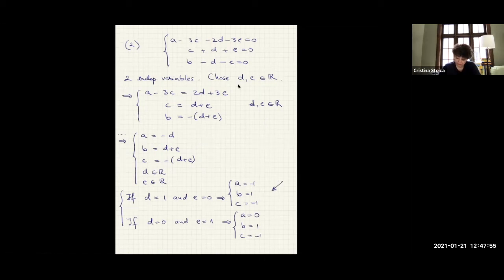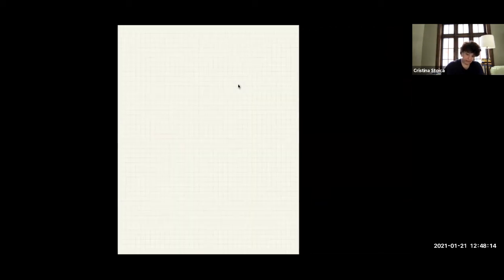Okay, so we got these two solutions, and these two solutions will give us a choice of those two non-dimensional variables that are sufficient to describe whatever is going on here. So I'll just write them on the next page.